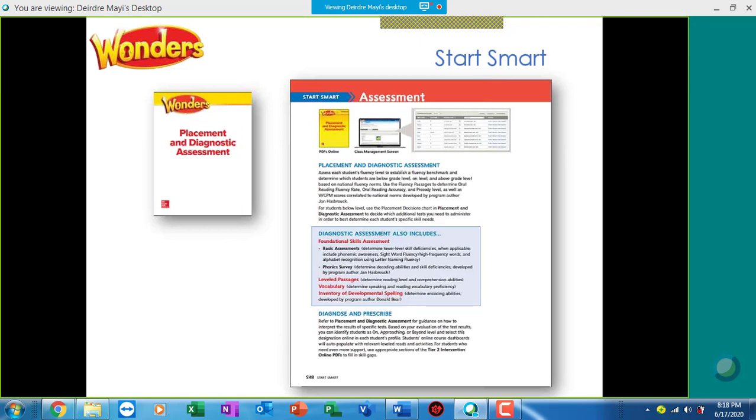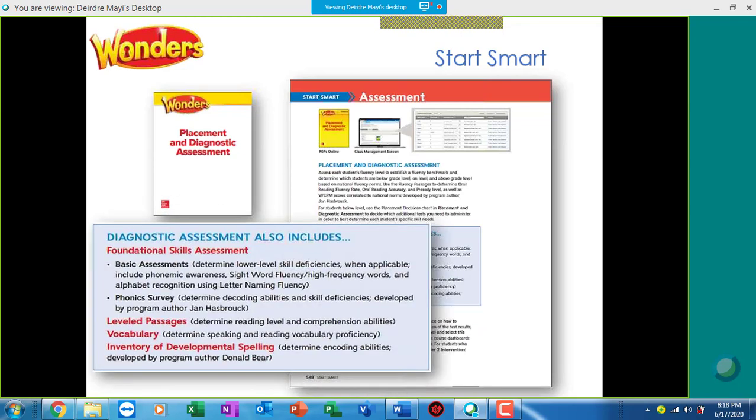So that gives you an example of what these videos are like. Now, over the course of Start Smart, it is possible that you might want to assess your students to determine where they are. It could be that over the course of the summer, students have experienced considerable slide, although I hope that will not be the case.